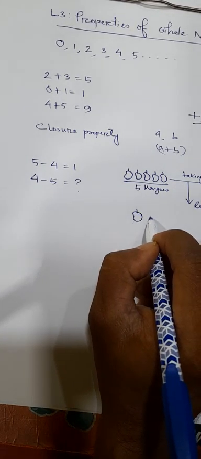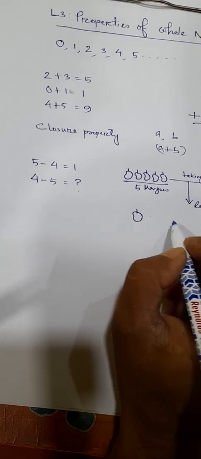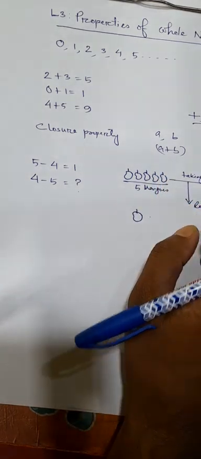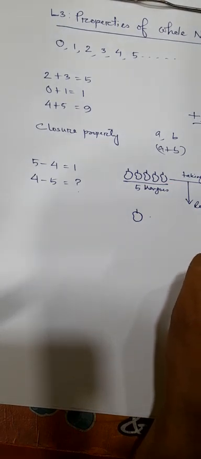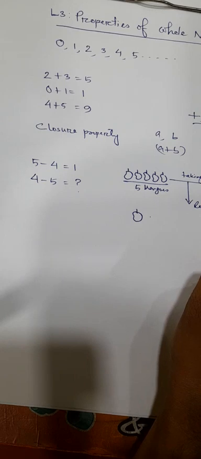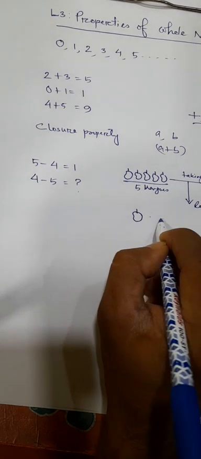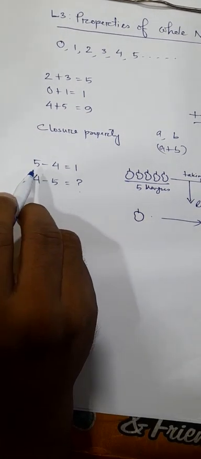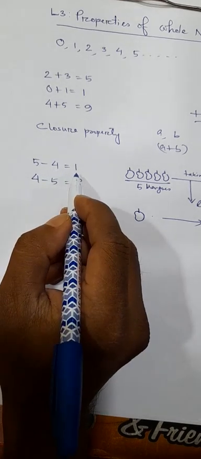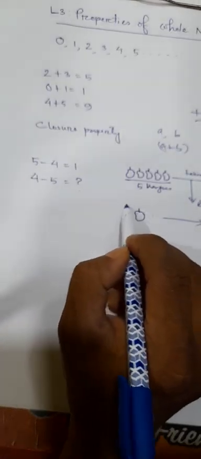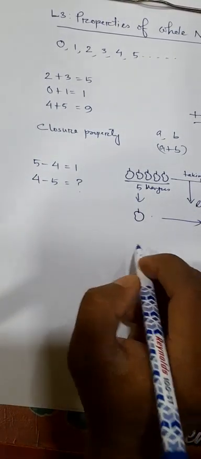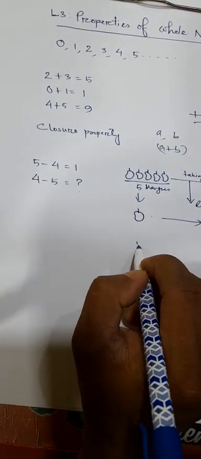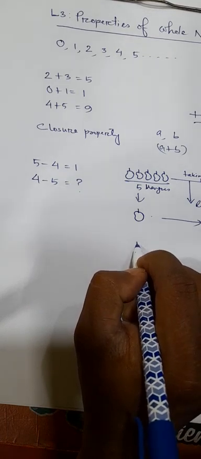You are taking away 4 mangoes, which means subtraction. 5 mangoes were there, you take away 4, so 1 mango remains. So 5 mangoes minus 4 mangoes is 1 mango. Now can we take 5 mangoes when you are given only 4 mangoes?